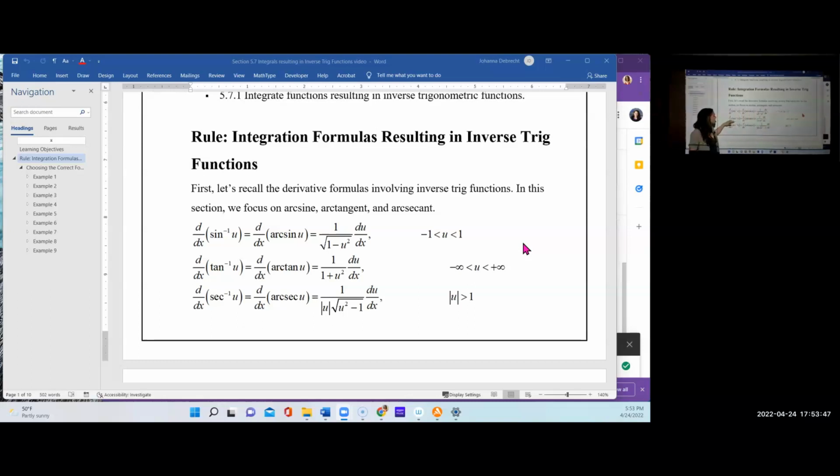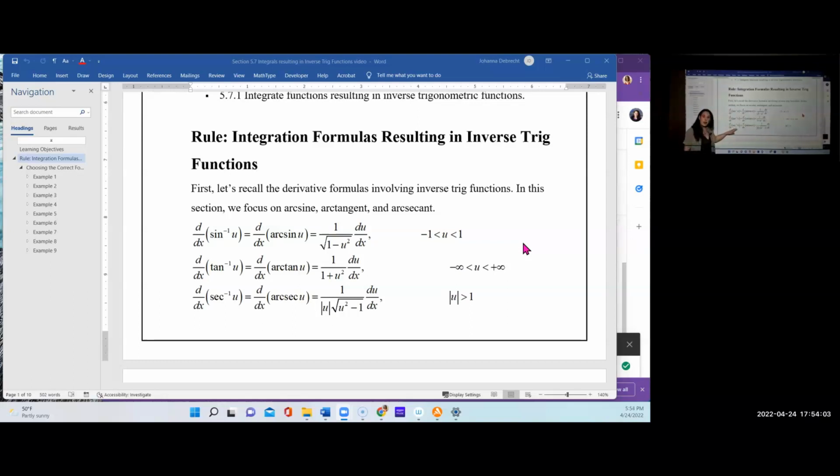Then we have the derivative of the arctangent function, which gives us the ratio of two polynomials, 1 over 1 plus u squared, also times du dx. This time there's no restriction on u.